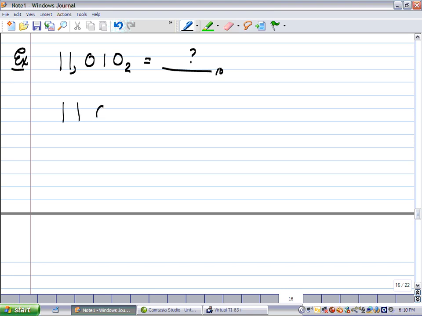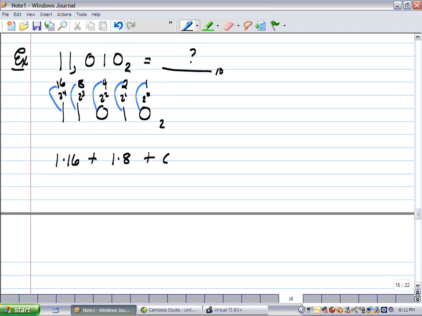Okay, 1, 1, 0, 1, 0, base 2, 2 to the 0, 2 to the 1, 2 to the 2, 2 to the 3, 2 to the 4. So we start with 1, 2, 2 times 2 is 4, times 2 is 8, times 2 is 16. And we're going to multiply each number by its place value. So 1 times 16, 1 times 8, 0 times 4, 1 times 2, and 0 times 1.